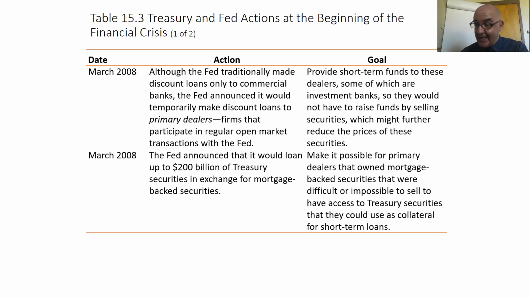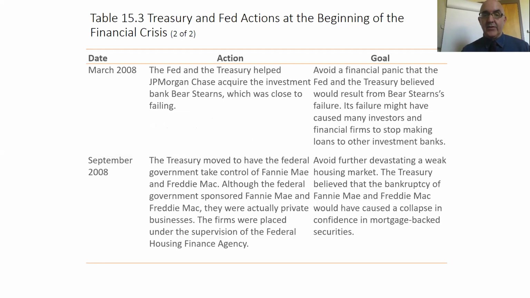So again, it was the taxpayer that paid for this, and some people question the morality of this. They say it was these investment banks that made all this money and caused all these issues, but then they were bailed out, and so suddenly that brought stability to the financial system.